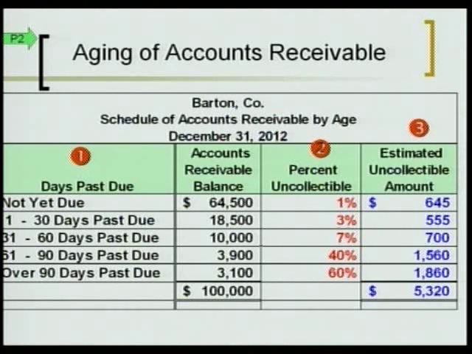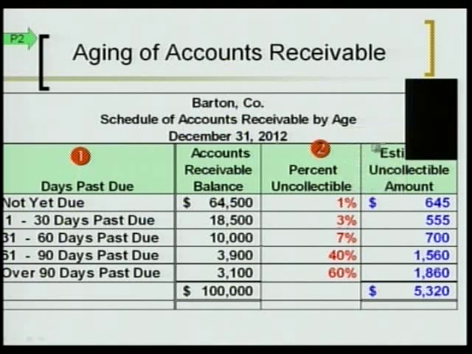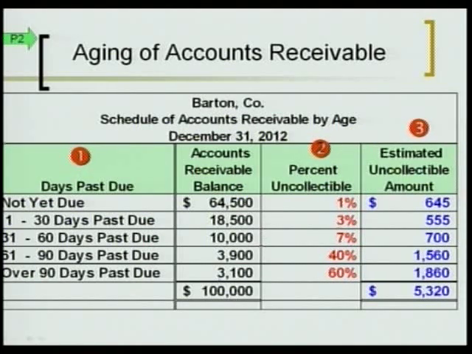Here is an example of an aging of accounts receivable. Now, with just a percent of AR method, we would just take a percentage times this number right here, right? The aging of accounts receivable method says, no, we want to break these out into categories.